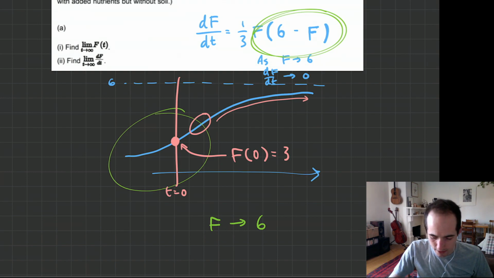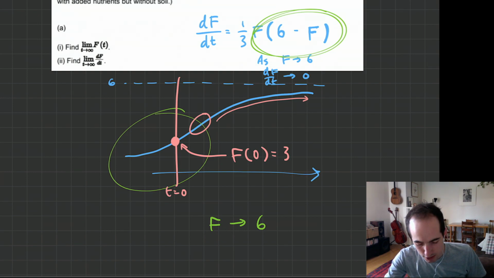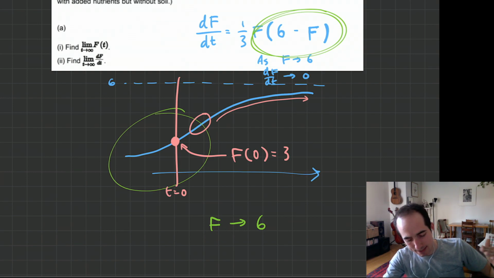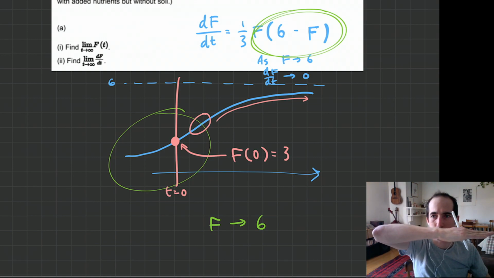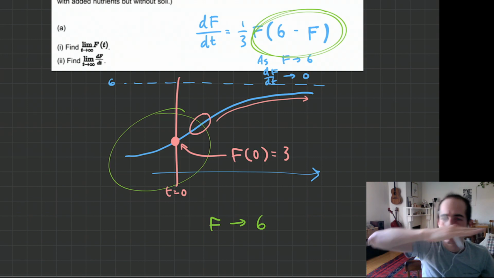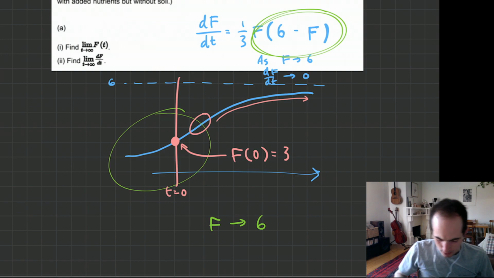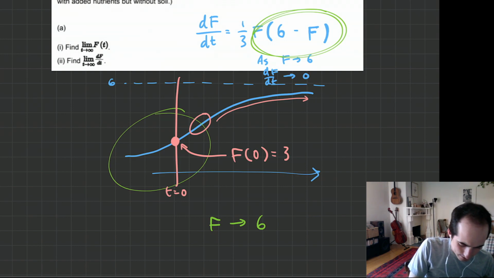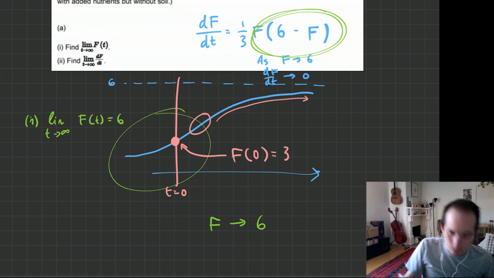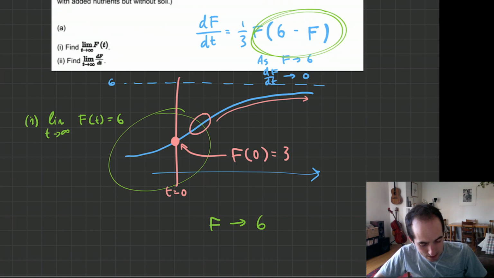That's the whole point, that as f approaches 6, the derivative starts to peter off and become more horizontal, and the rate of increase approaches 0. So the answer is just 6. You don't have to show any algebra. So for the first one, the limit as t approaches infinity of f of t is just equal to 6. That's all there is to it.